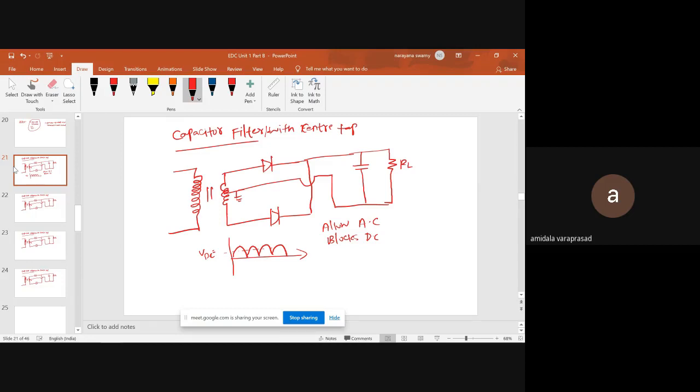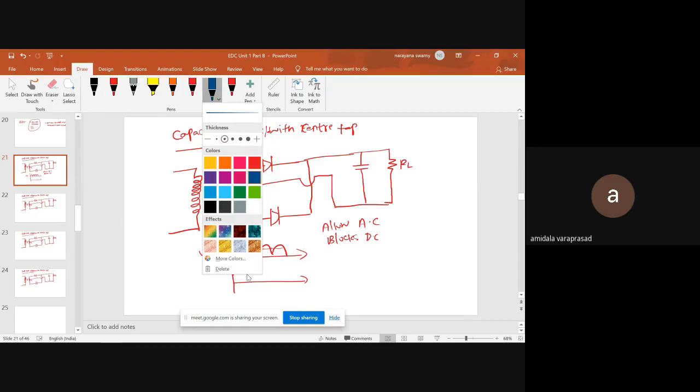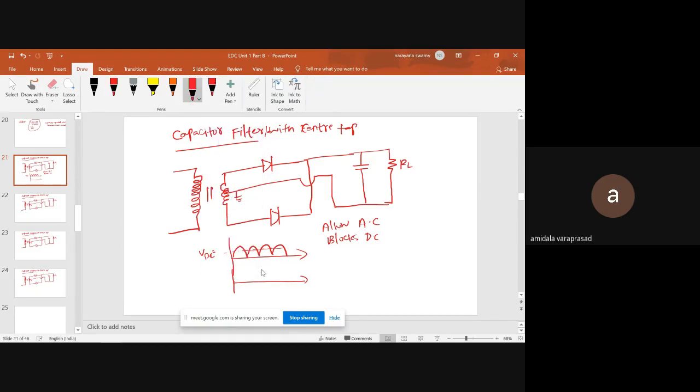Therefore, the capacitor has to maintain the DC level. Then we get the output: it goes up to the DC level, then to the peak, then up to the DC level again.